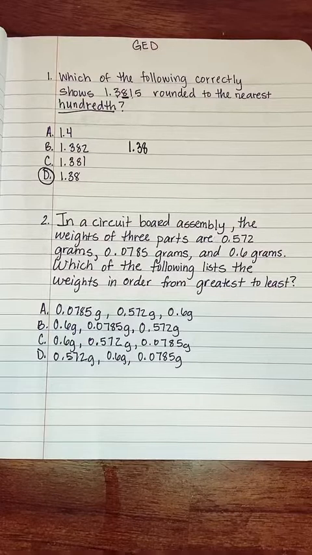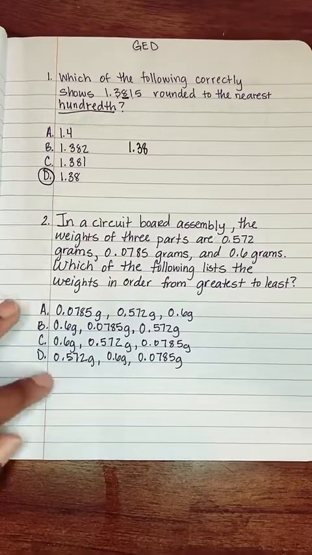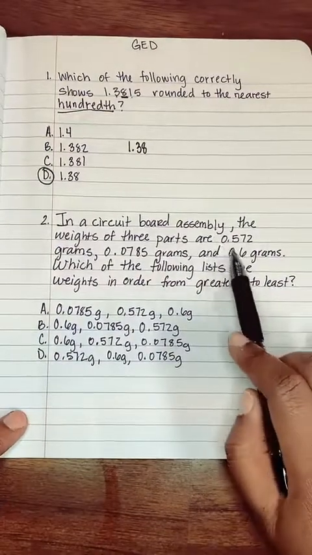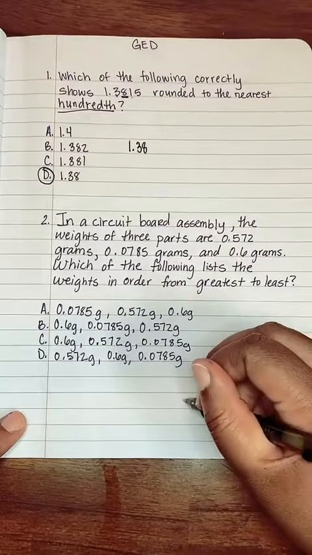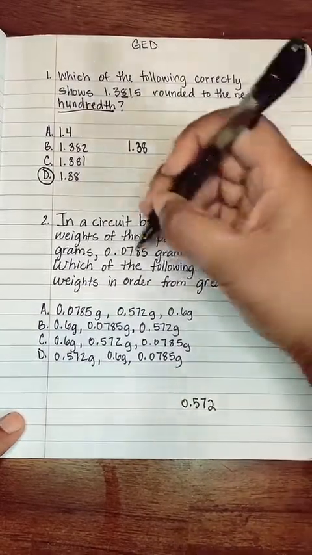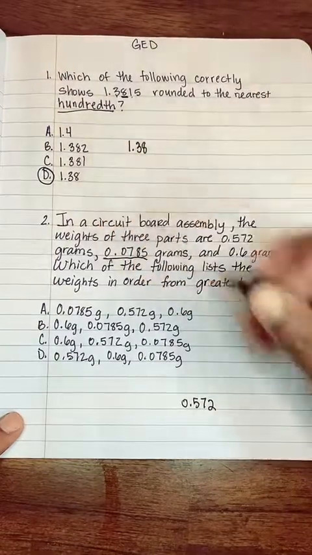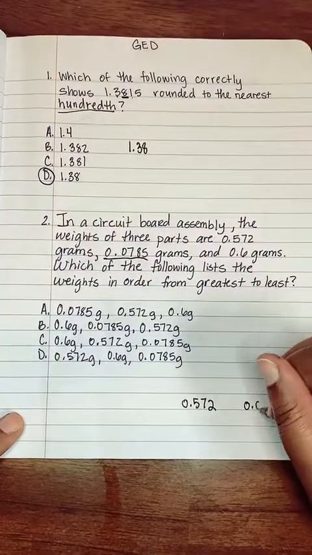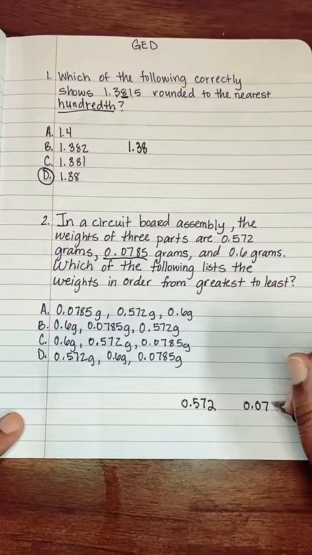So our first number that they gave us was 0.572. Then they gave us this one here, which is 0.0785. And then they gave us 0.6. And we want from greatest.